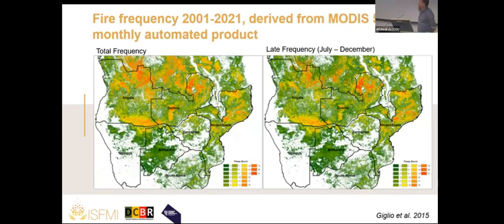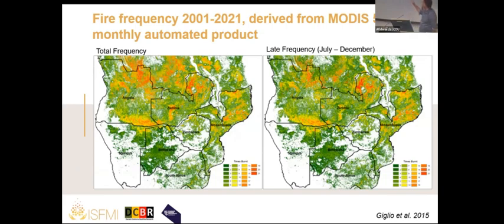So if we step down and look at Southern Africa, we have the fire scar mapping from MODIS, the automated product. On your left-hand side, it's the total fire frequency. It's the entire archive from 2001 to 2021.